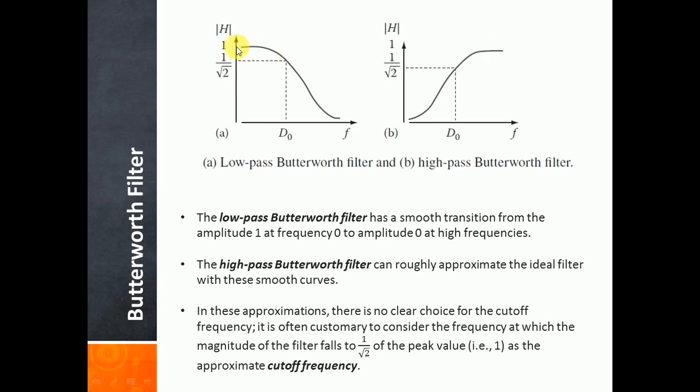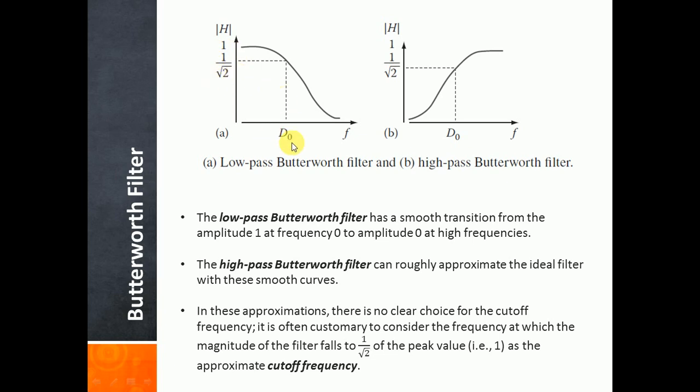But the transition from allowed zone to not allowed is a smooth transition. Generally the cutoff frequency, again taken by standard, is the frequency at which the magnitude reduces to 1 over root 2.